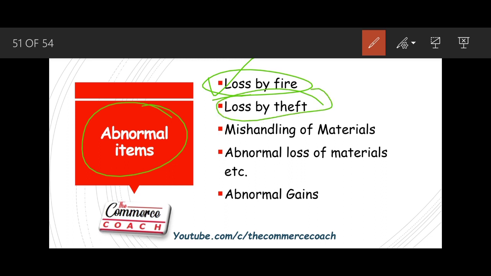If you take proper care of the godown for the materials, then there will be no theft. If you have a proper security system, then there will be no theft. If you lack at any level, then there will be theft. So it is known as abnormal loss, because not everybody is facing the problem of theft, only you are facing it. That means this is abnormal.